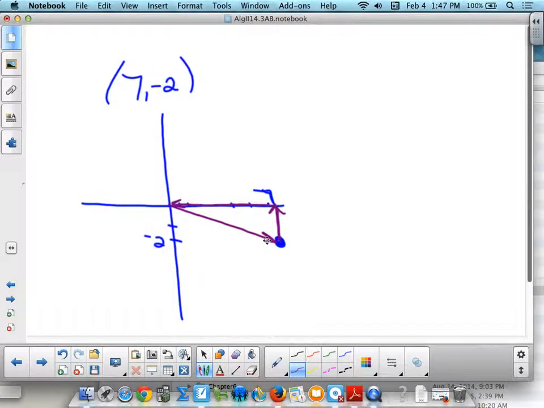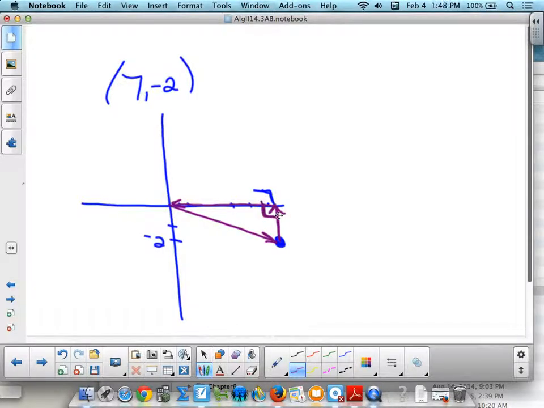I didn't see a triangle, so I made a triangle. From the point, I went straight to the x-axis, back to the origin, back to the point, up, over, and back. Then I made the triangle with the right angle there.